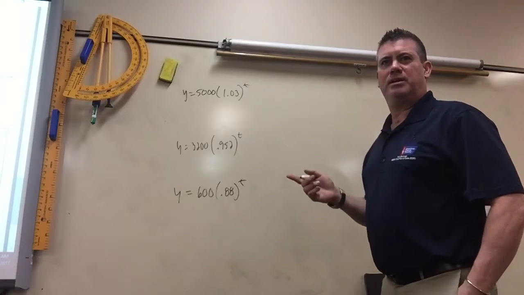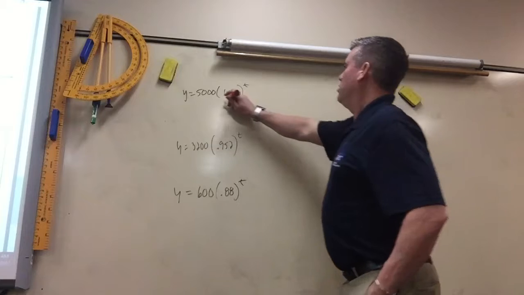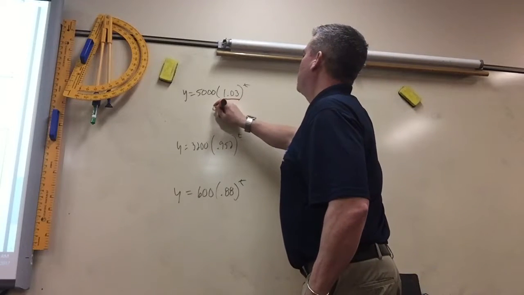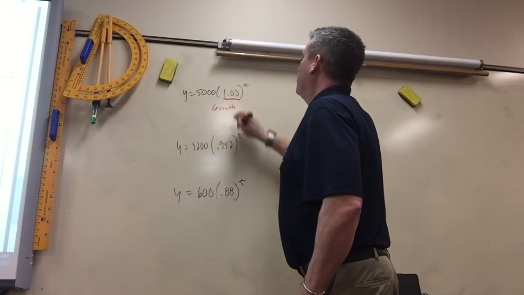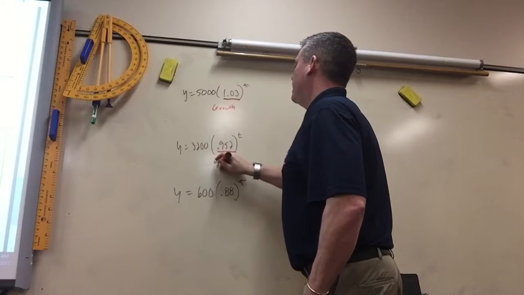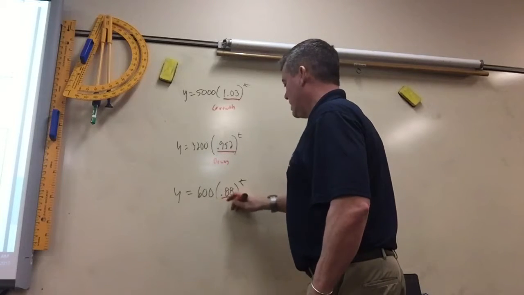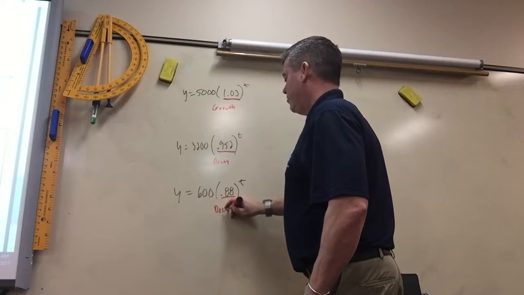You remember what you have to look at? So this is greater than 1, so it's a growth. This is less than 1, so it's a decay. This is less than 1, so it's a decay.